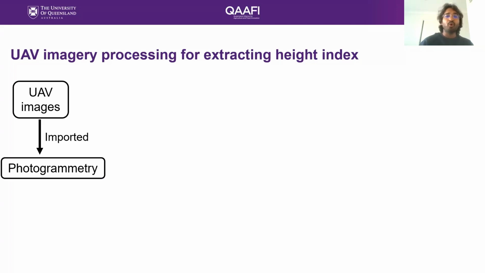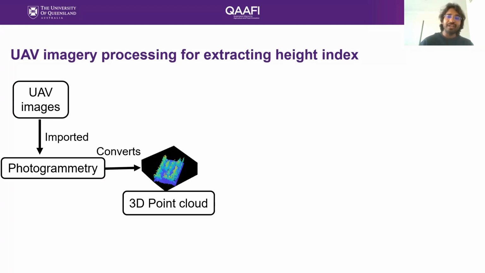Those images were imported into photogrammetric software, where they were aligned and combined into a single image of the field called an orthomosaic. The software then converted the two-dimensional images into three-dimensional point clouds, allowing us to estimate the height of different pixels within each plot.